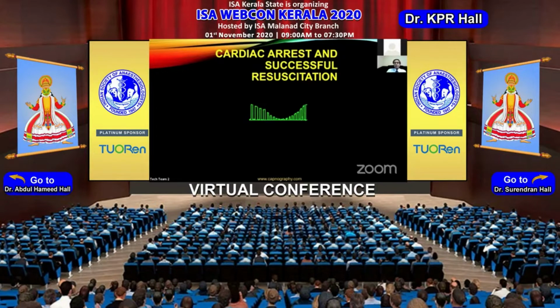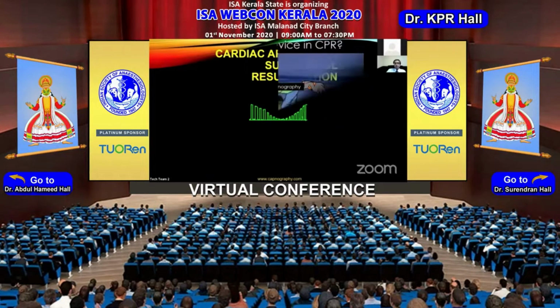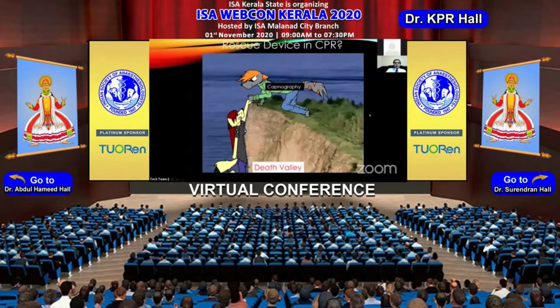And this is the principle that is used in CPR. Capnography acts as a rescue device in CPR, and it helps to pull the patient from the death valley.